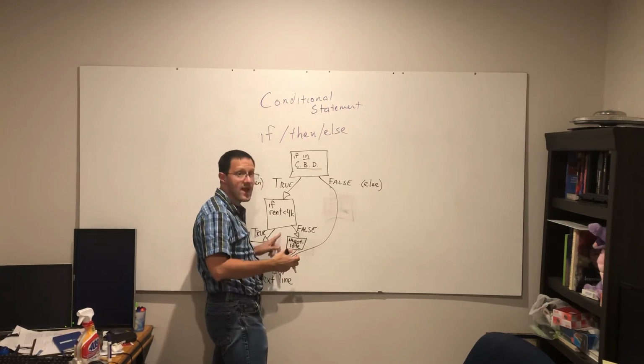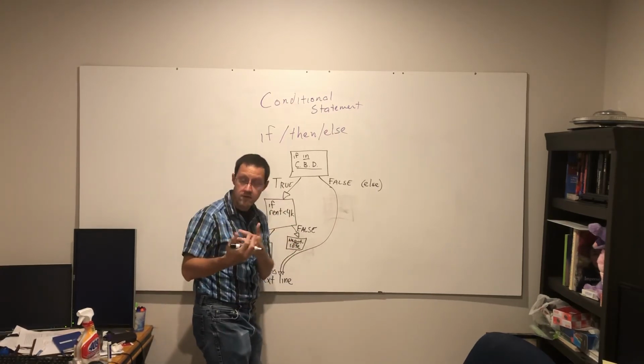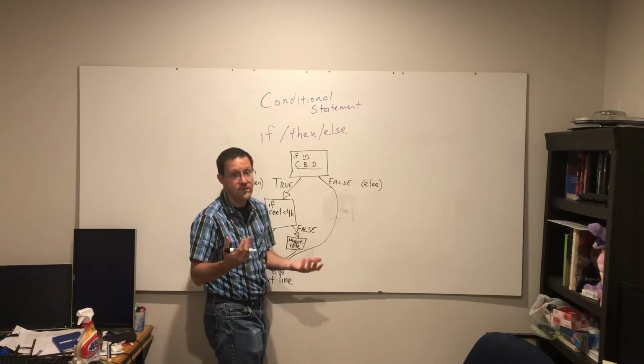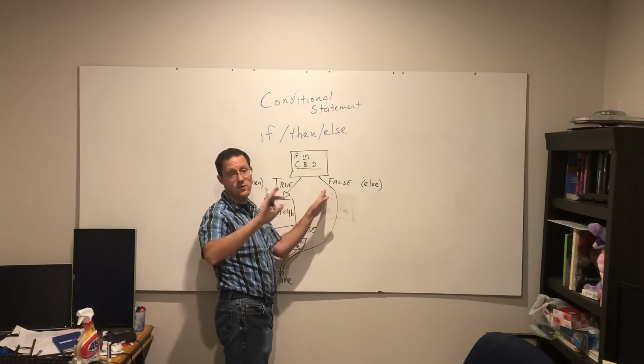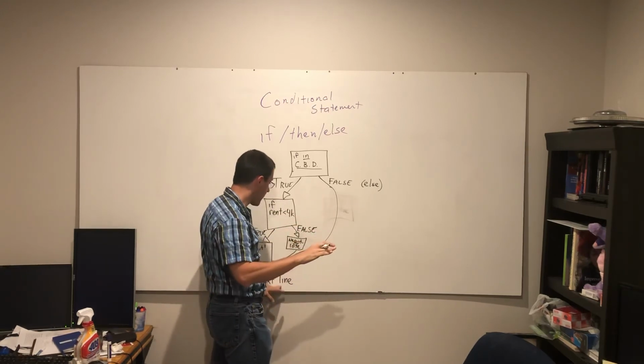And so we do have an action corresponding to the else clause, the what do we do if it's false. If it's outside the central business district, we don't care. We move on to the next one.